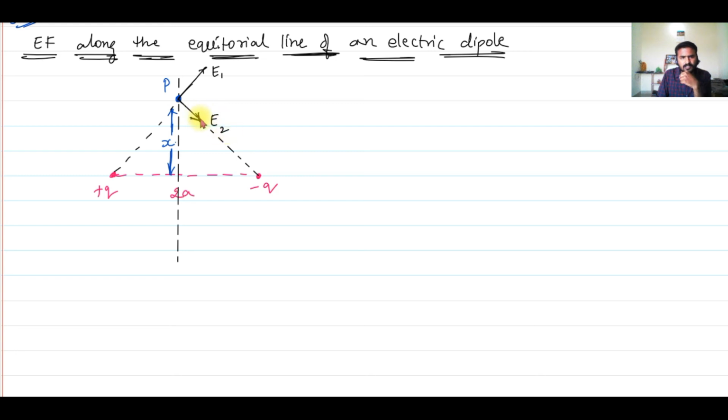I'm taking the electrical field due to this negative charge as E2.